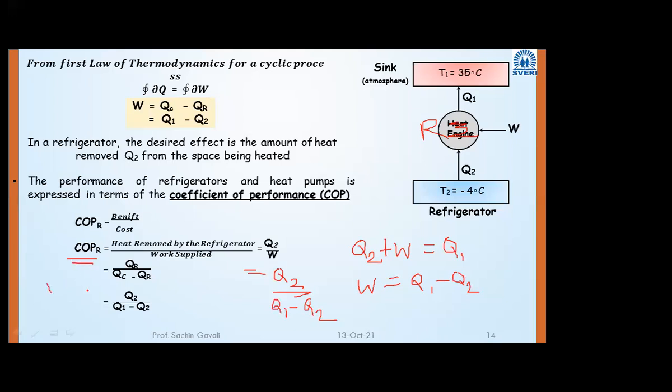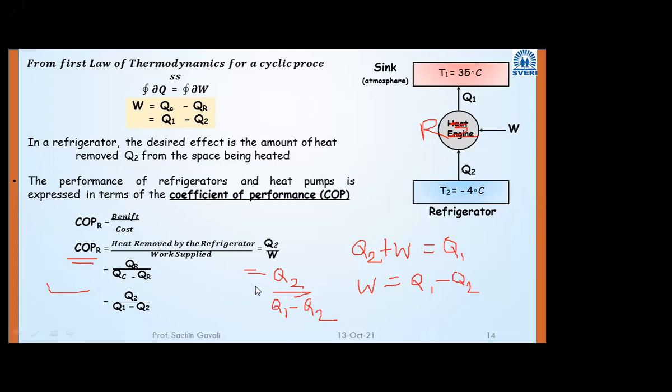Everybody understand? Please reply. Yes, sir. Okay. So COP of refrigerator is given by Q2 divided by W. कारण जेवढी हीट त्यानं रेफ्रिजरेटर स्पेस मधून घेतलेली आहे, that is nothing but Q2.